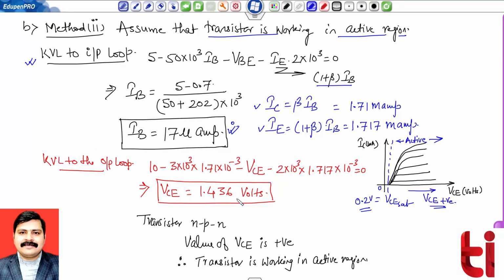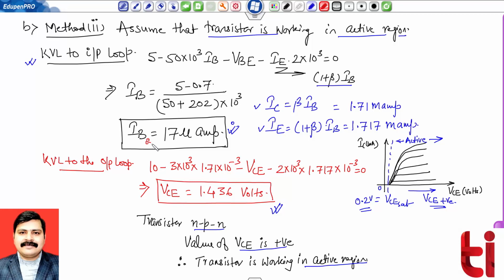So analysis says that as the value of VCE is positive for NPN transistor, that means my transistor is working in active region. So as my transistor is working in active region, one can easily calculate the value of operating point, and you can check we have already measured that term. My base current was 17 microampere.